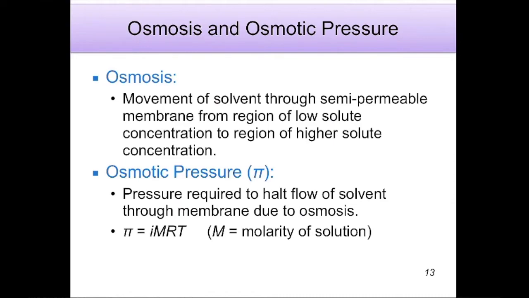So osmotic pressure is the pressure required to stop the flow of solvent through that membrane due to osmosis. And then this is the equation for osmotic pressure. Pi here being osmotic pressure, i is the Van 't Hoff factor, M is molarity in this case, so this is not the same molality that we've used so far.